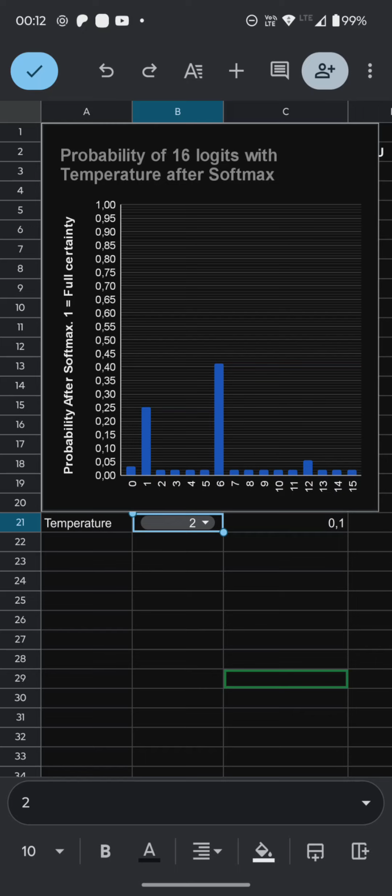We are even less certain, about 40%, of the main answer, and the answer number 2 is lowering its probability again because it's being eaten by the probabilities of less important logits, because probability must add to 1. All of those probabilities add to 1.